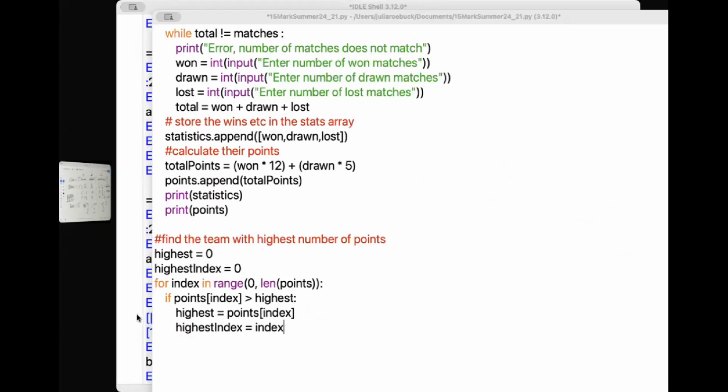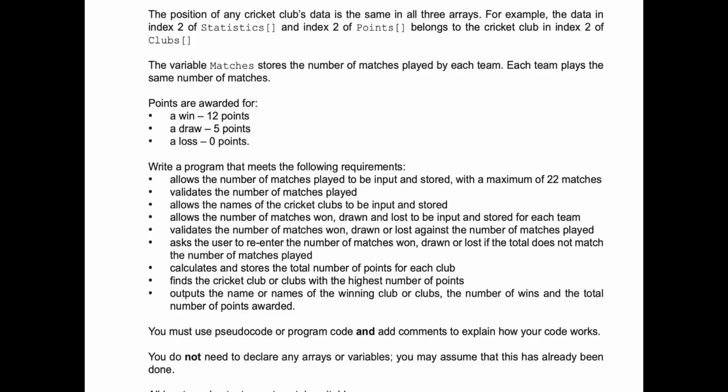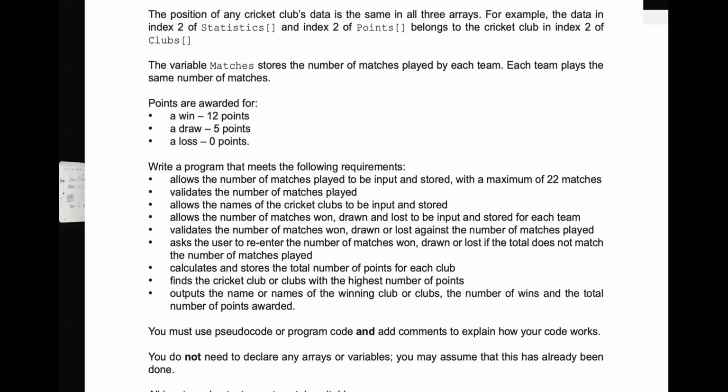Okay, so that's what we've done there, and that will end up with the highest one. So we find the cricket club with the highest number of points. We output the name or names of the winning club, the number of wins, and the total number of wins awarded. So what we do is we come back here and we say, let's print out who that is.